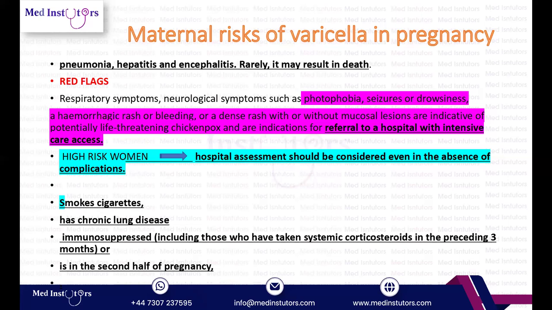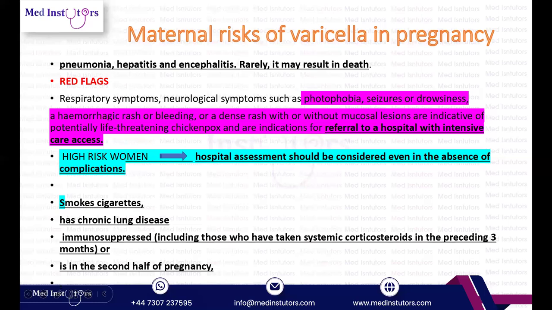So that is why women should be told about the red flag signs: whenever she develops any respiratory symptoms, neurological symptoms like photophobia, seizures, drowsiness, or appearance of hemorrhagic rashes, bleeding, dense rashes with or without mucosal lesions. These indicate potentially life-threatening chickenpox and are indications for referral to a hospital with ICU access.